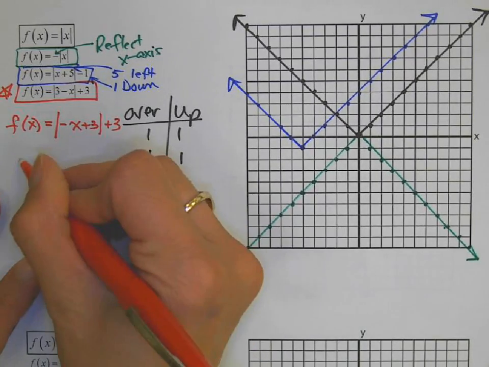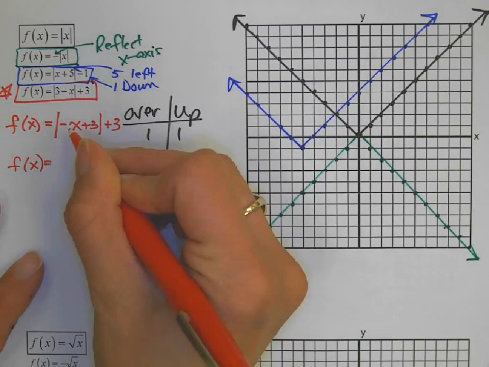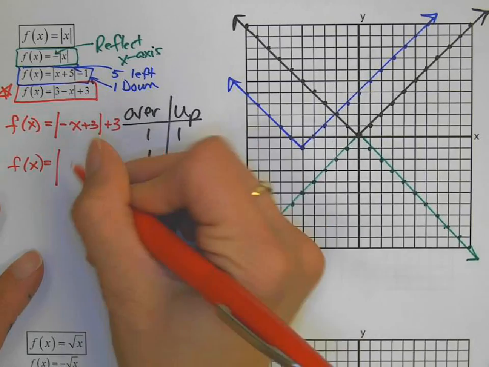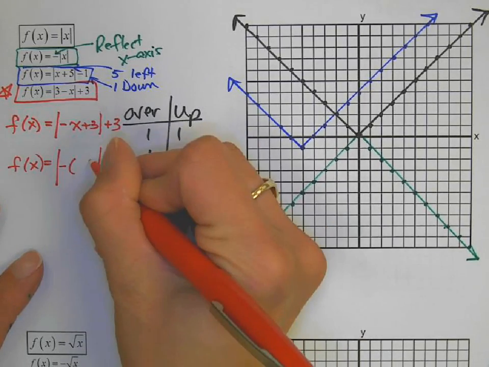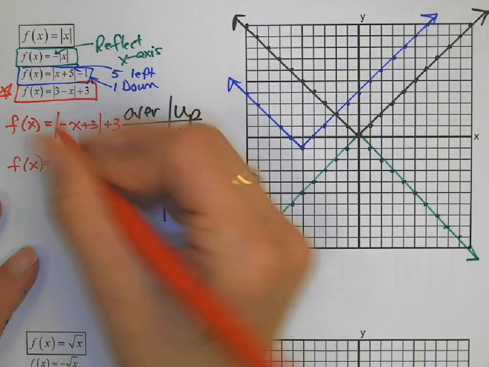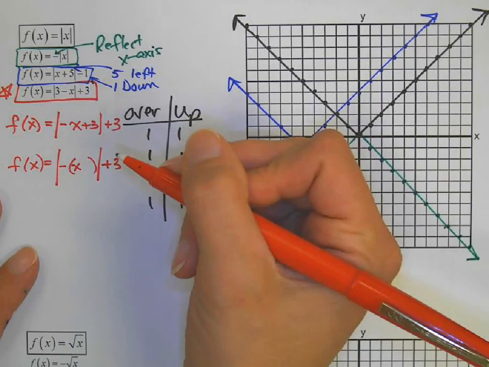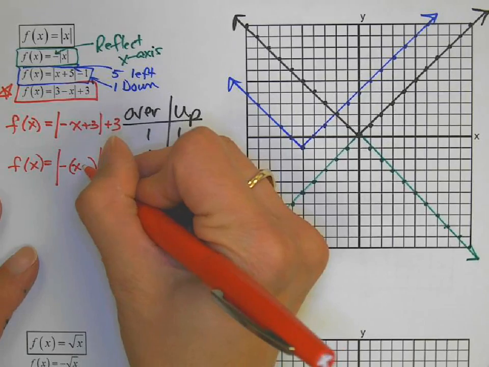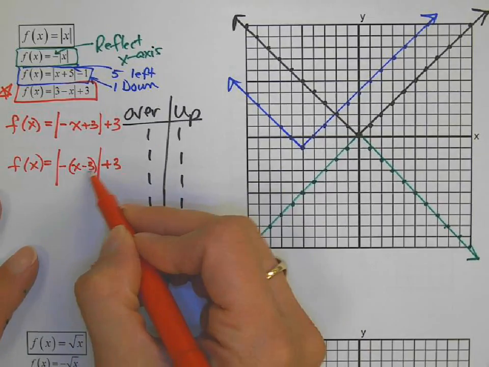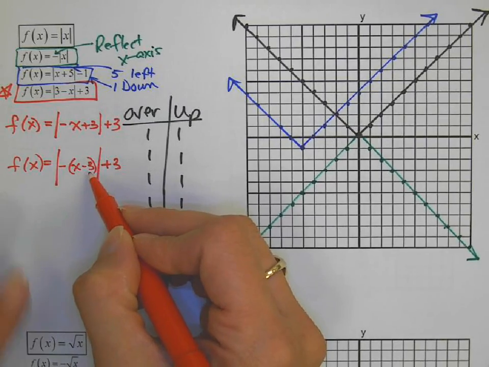So if there's a negative by it, what I want you to do is factor the negative out, not out of the absolute value. You're going to factor it out, and you're going to use parentheses inside the absolute value, which gives us a positive x, a nice x all alone, minus 3. If you don't rearrange and factor, you're going to get something wrong here with the shifting.